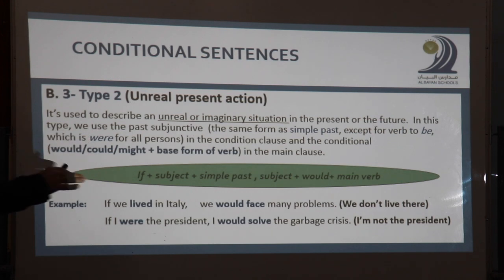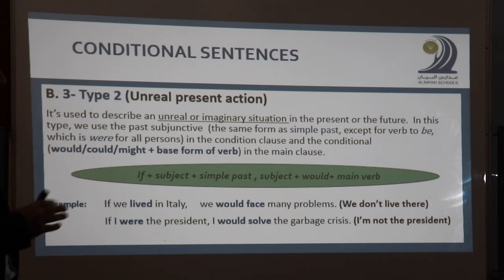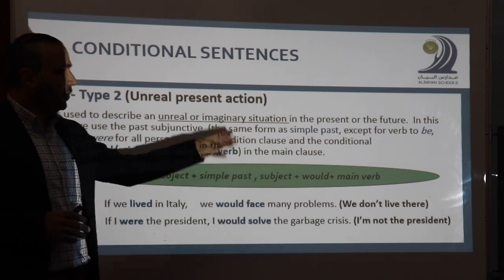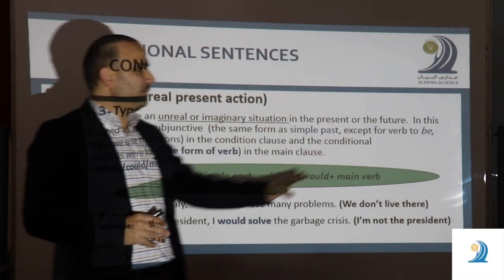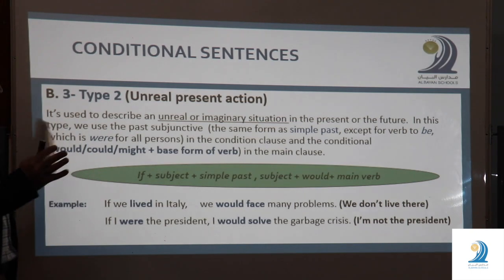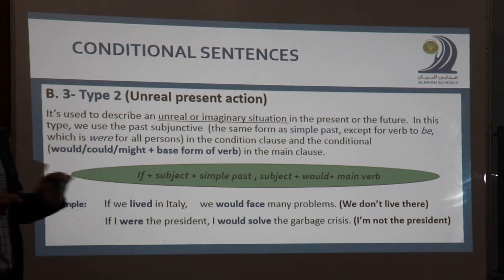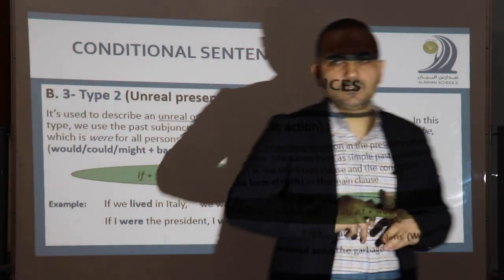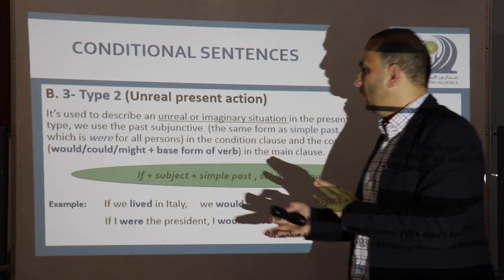In this type, we use the past subjunctive. What do you mean by the past subjunctive? Focus on this. The same form as simple past, except for the verb to be, yes, which is were for all persons. If I were, if you were, if he were, if it were, if she were, if they were, yes?